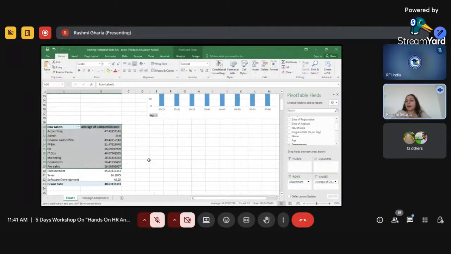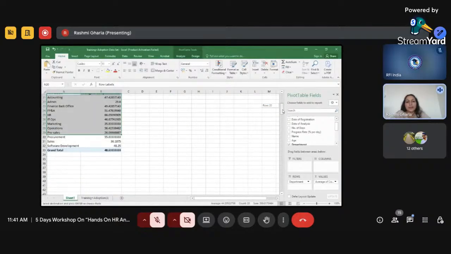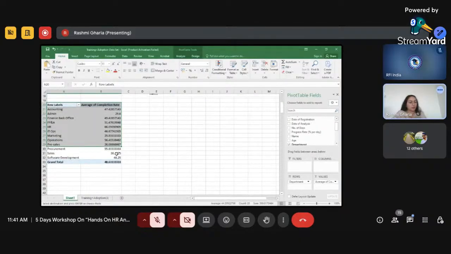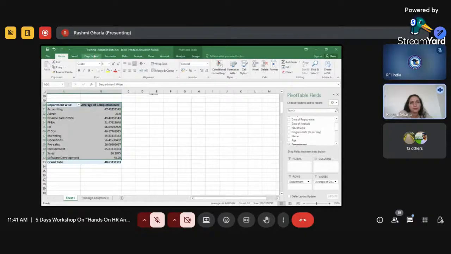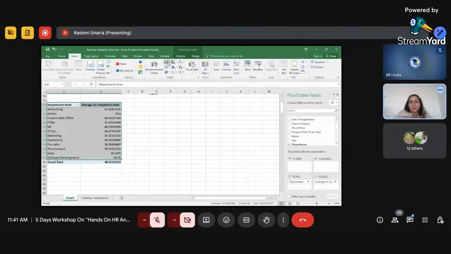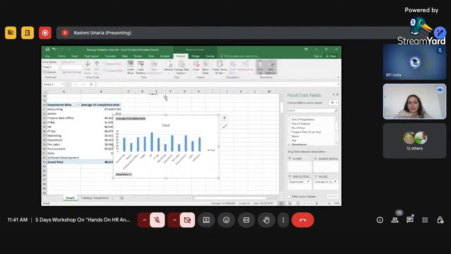Which department has the highest adoption of the training program? Which department has the least adoption? What can you interpret out of this? You can select this data, go to insert and prepare a pie chart.